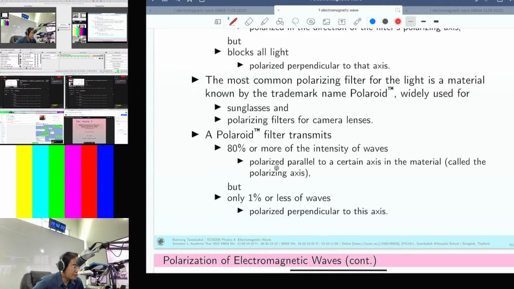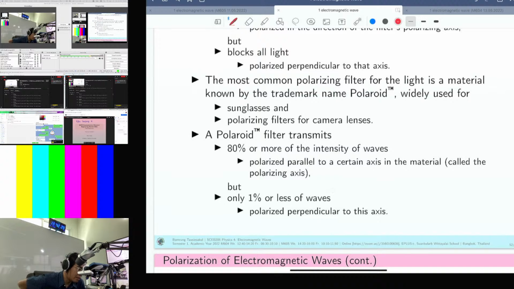the filter will allow not 100%, only 80% of the intensity of the wave that is parallel to the axis of the filter, and it cannot completely obstruct the wave that is perpendicular to the filter axis or polarizing filter axis.